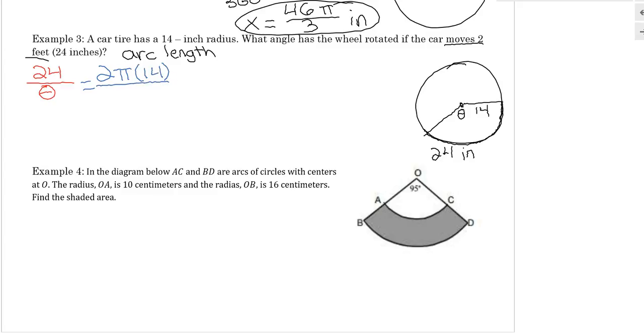And we're going to find it as a radian. It's a little easier in radians. So over 2 pi.